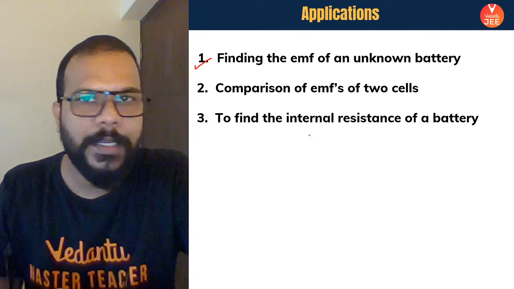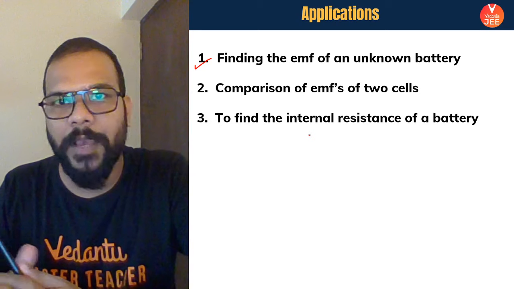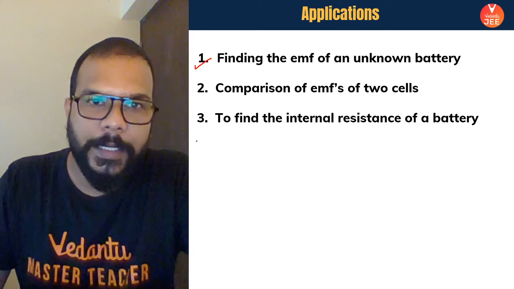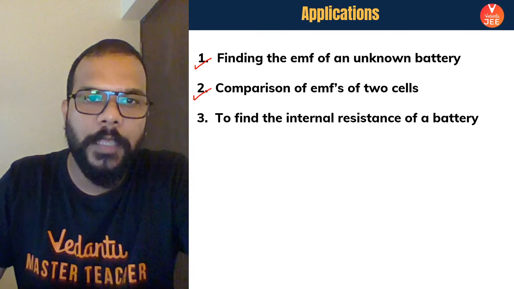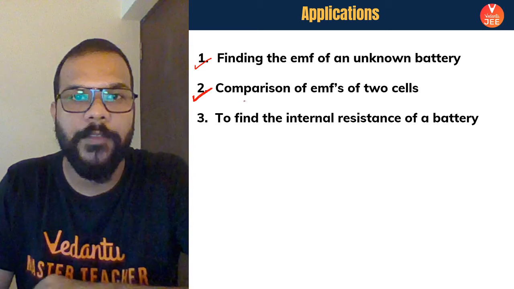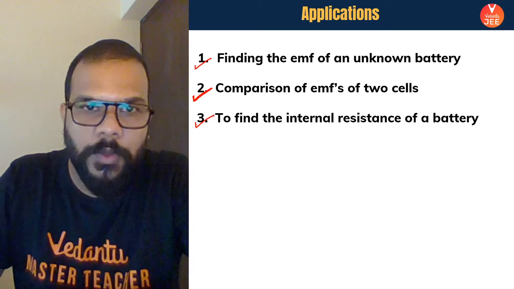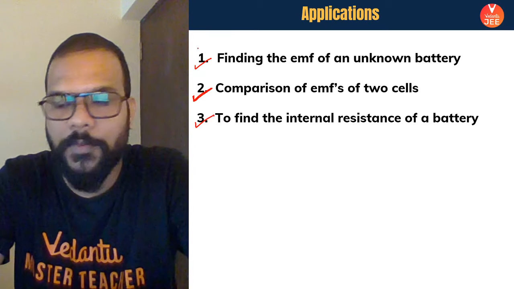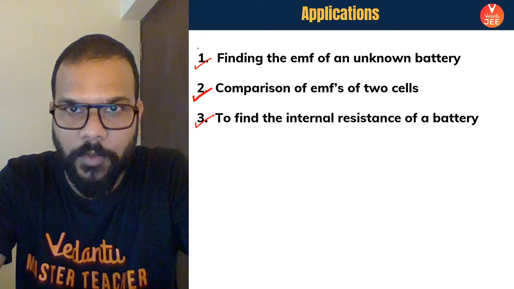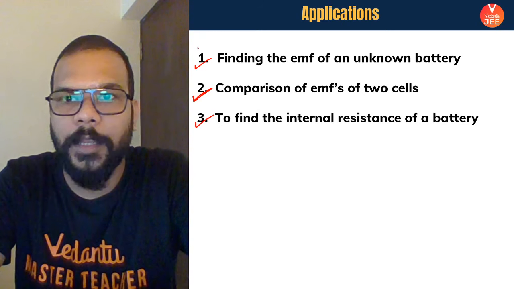You want to check how much voltage the battery in front of you has. With the help of a potentiometer, you can do that. Secondly, you can compare the EMF of any two batteries, which one is stronger and which one is weaker. And also you can find the value of the internal resistance of a battery.